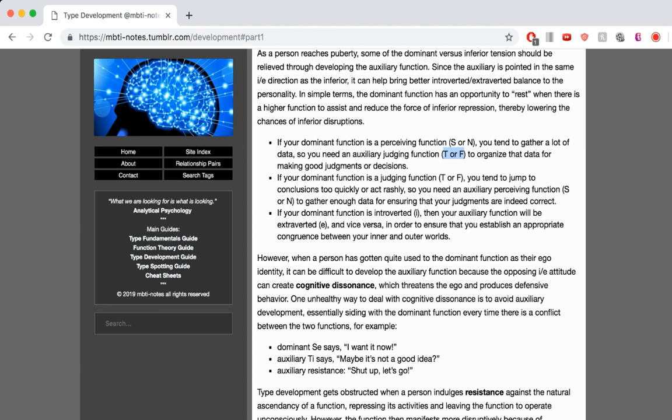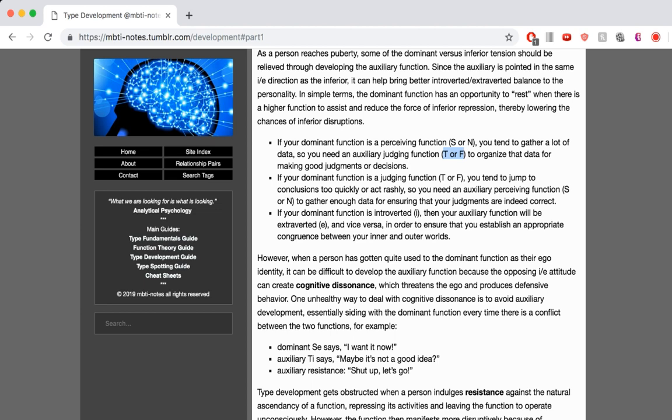Similarly, if you're a T or F dominant, your inferior will be the opposite T or F, and then your middle functions will be S or N. So you can always count on your middle two functions to be of the same flavor, and by flavor I mean sensing and intuition or thinking and feeling. Overall, it helps balance you out.